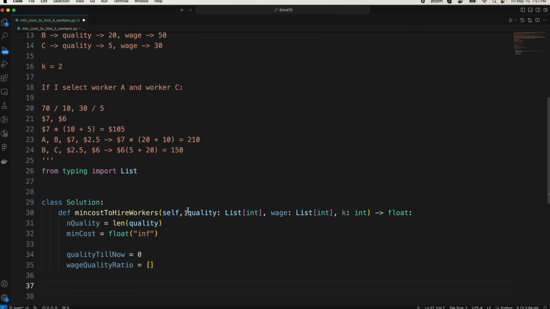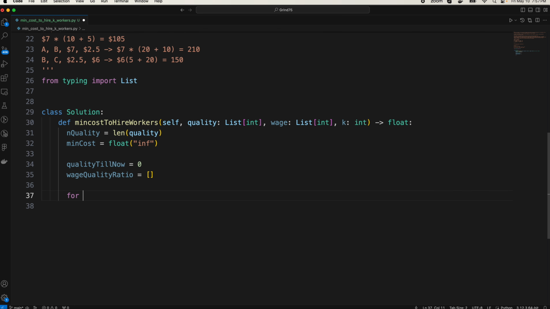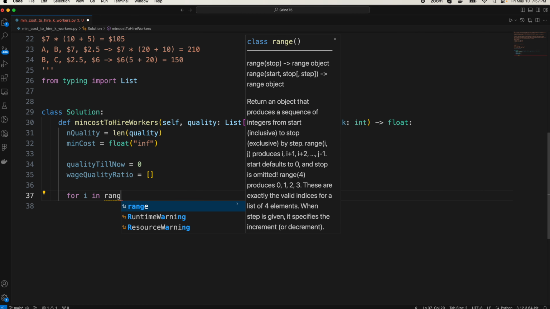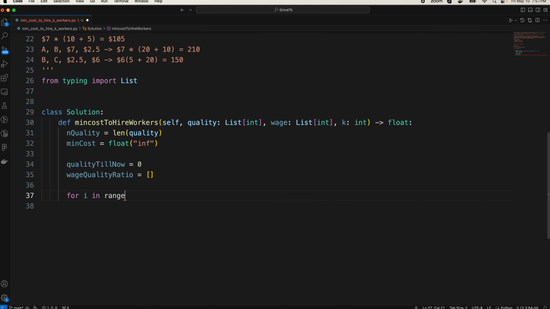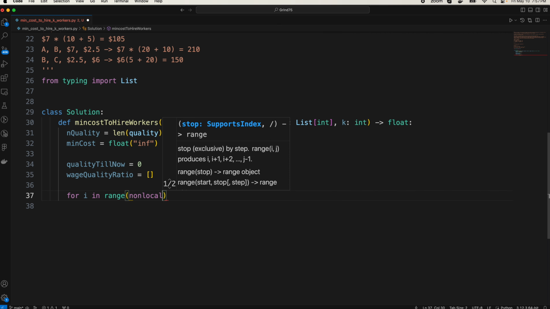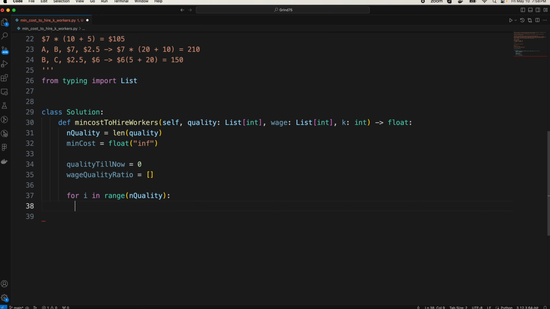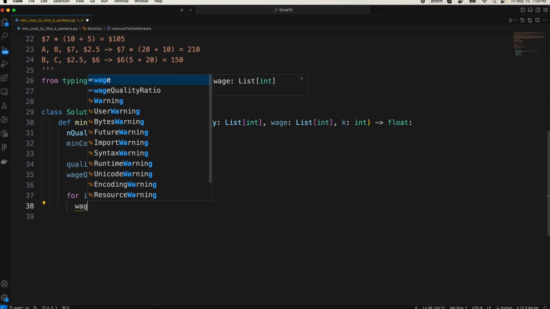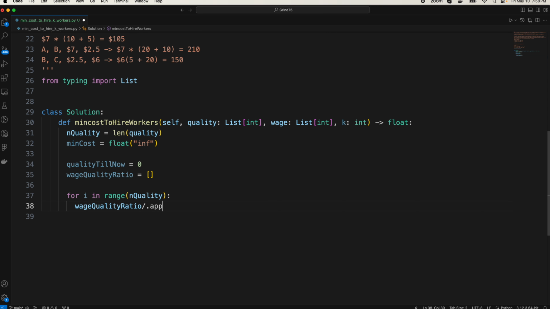Okay, so now we iterate over the length of quantity, i in range n. And then we do wage quantity ratio dot append.